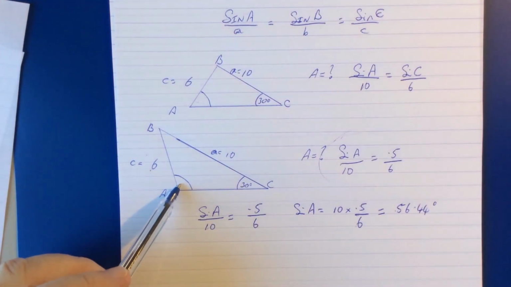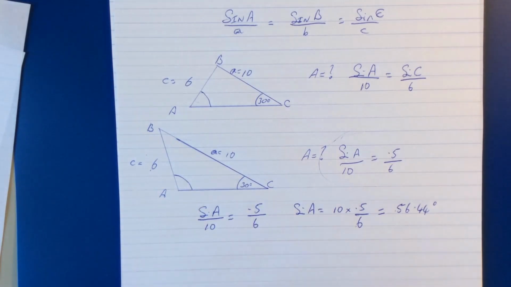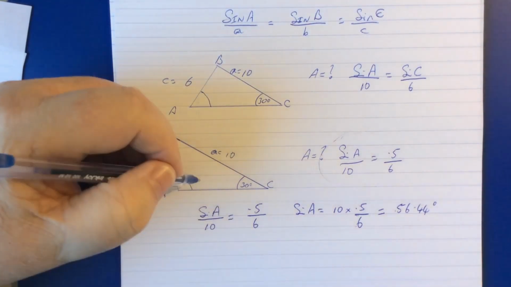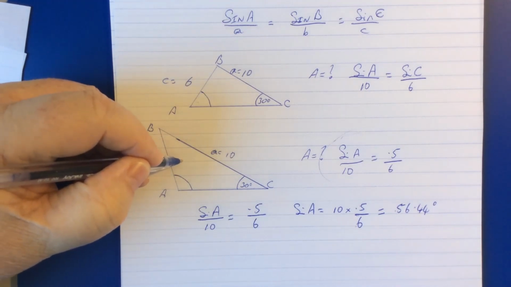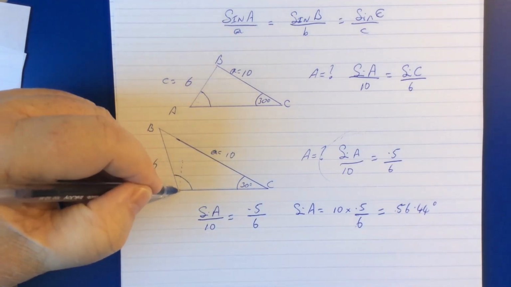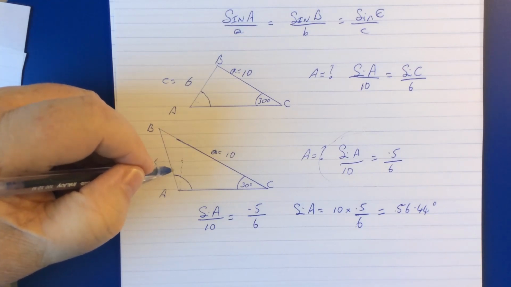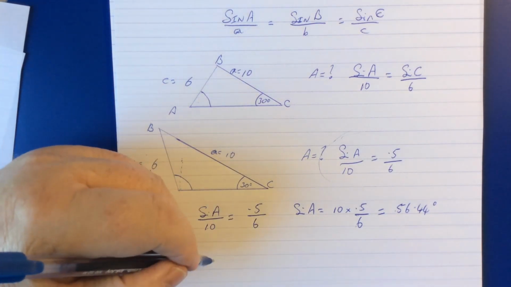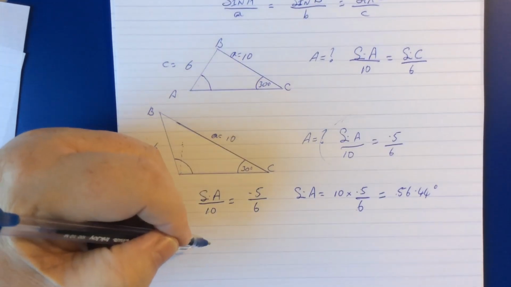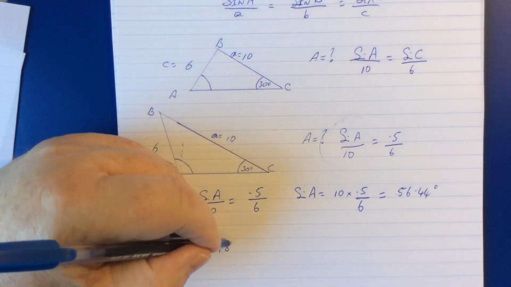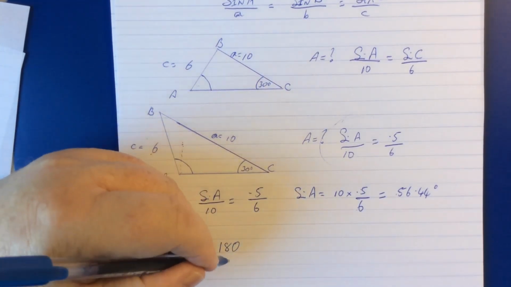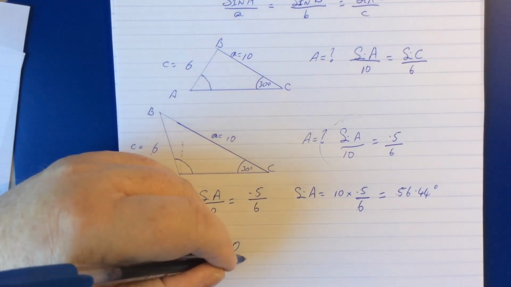And this is clearly not 56.44 degrees. It's more than 90 degrees. Now, I'm going to spoil the surprise and tell you what it is, and then I'm going to explain it.